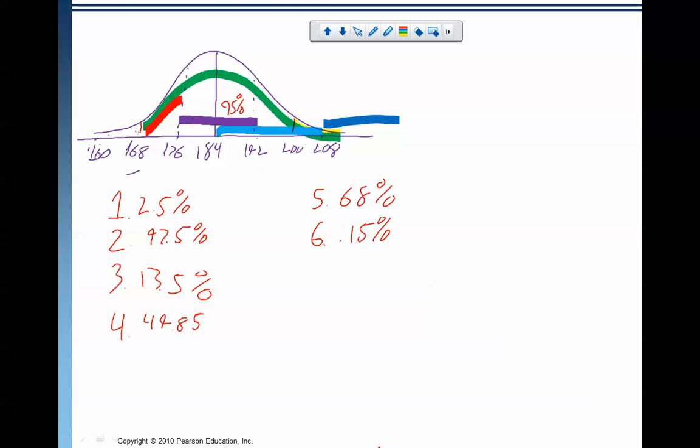Okay, so the 68, 95, 99.7 rule, these ones that we just did, they work out really nicely because all of the numbers we asked for fell exactly on a standard deviation. However, that's not always going to be true, right? Obviously, there's going to be Dutchmen that are 186 centimeters tall, right? And to find that out, we can't just take the distance between here and here and knock off a certain percent.